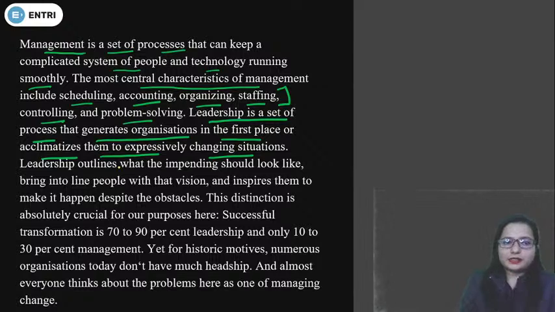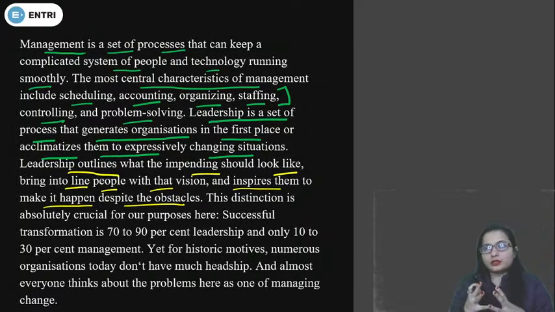Now again, the sentence is saying that leadership outlines what the future should look like, aligns people with that vision, and inspires them to make it happen despite the obstacles. So the sentence is describing the quality of good leadership.